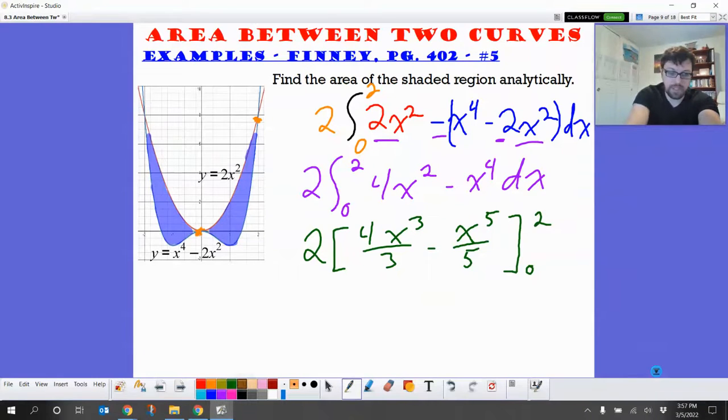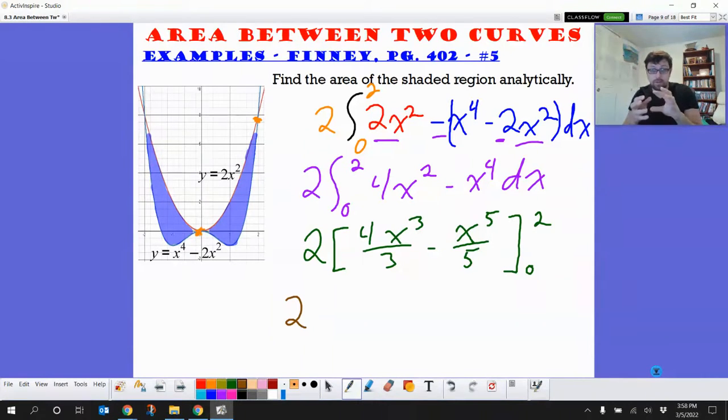So now when we're plugging stuff in, all we need to plug in is that top value, because when we plug in that value of 0, we get 4 times 0 cubed, that's 0, and then the other one's also 0, so we just need to do the top value. Huh, how neat.